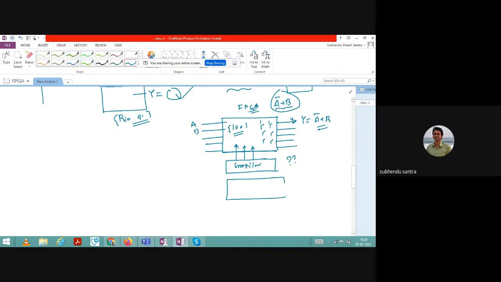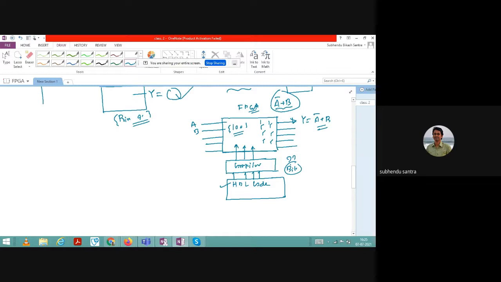So here I will write some HDL code, that is my requirement. Then this compiler will convert it to machine language or a bit file, and that bit file will be dumped to this particular chip, and the chip will reconfigure. Then automatically the circuit will be designed.